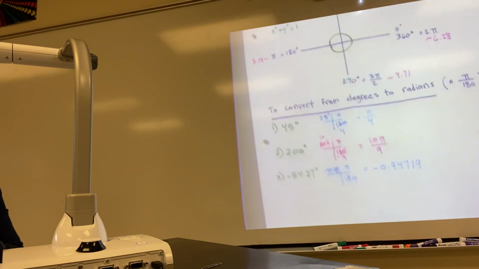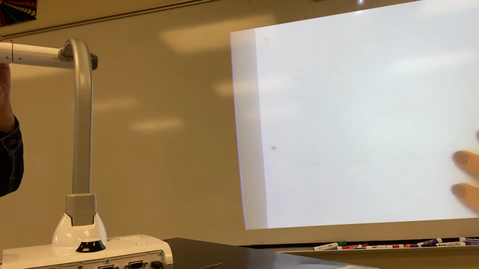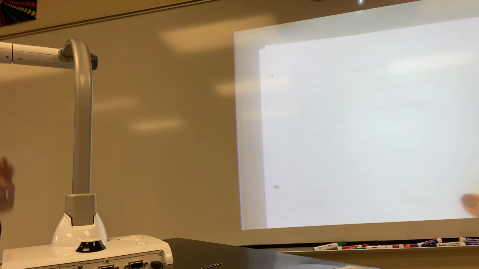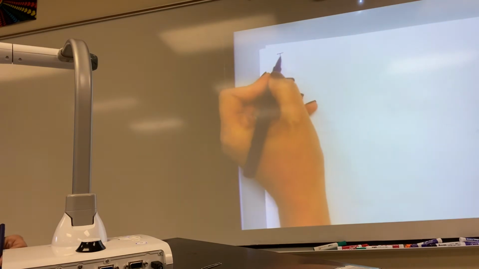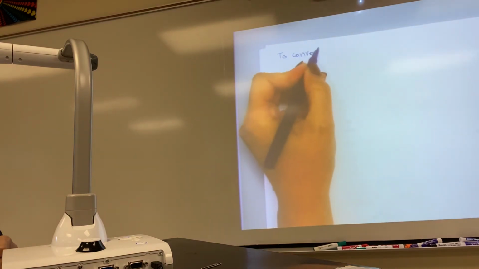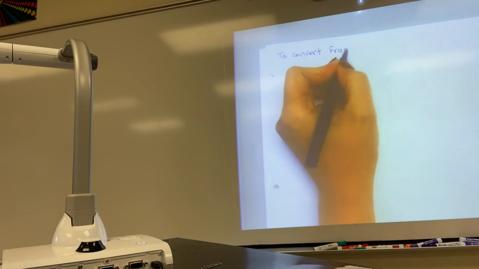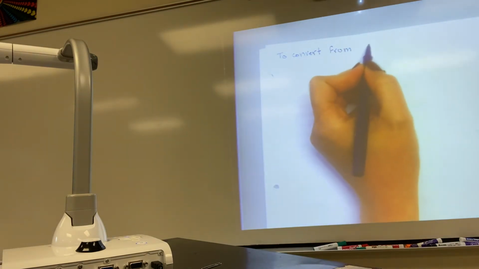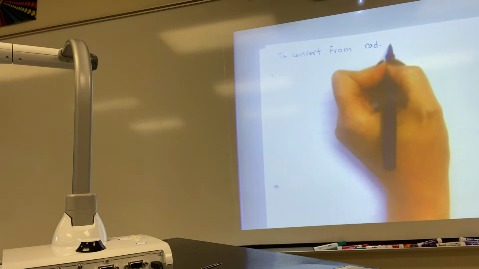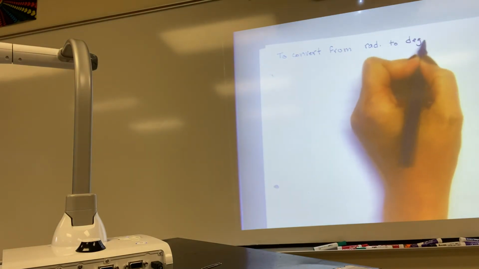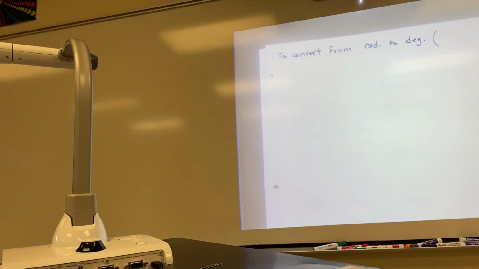Now let's see how to convert from radians to degrees. This time we'll convert from radians to degrees, and here you will multiply by 180 divided by pi.